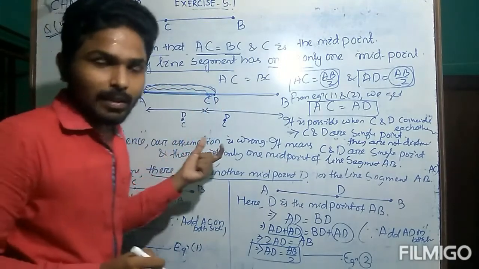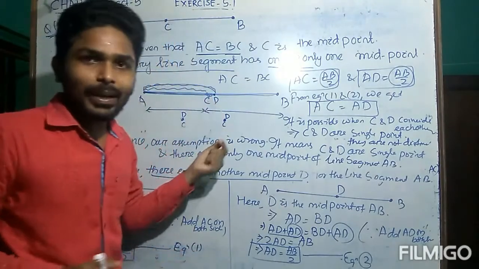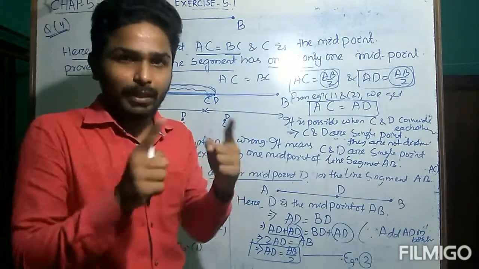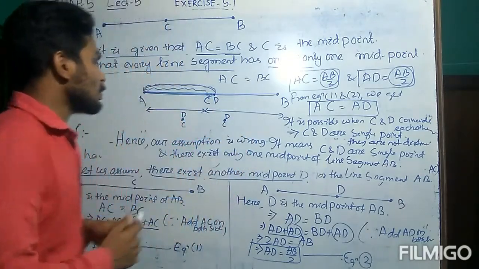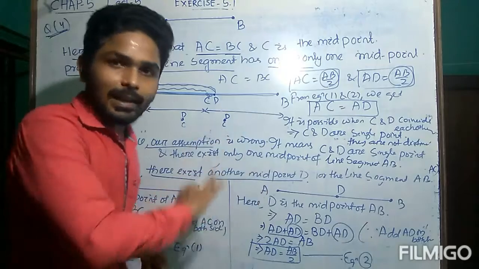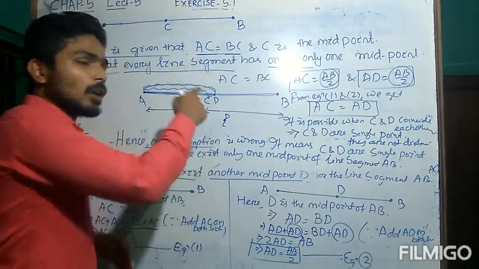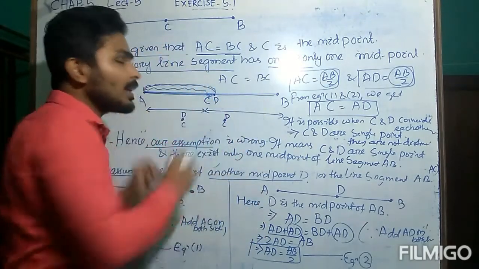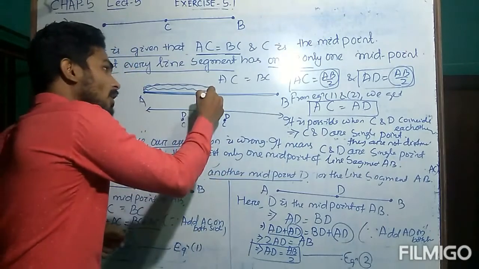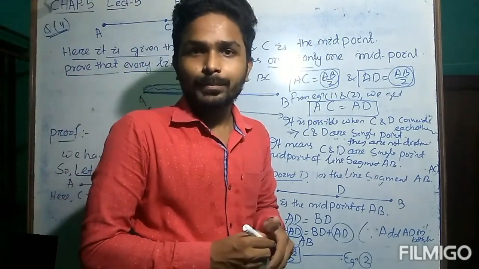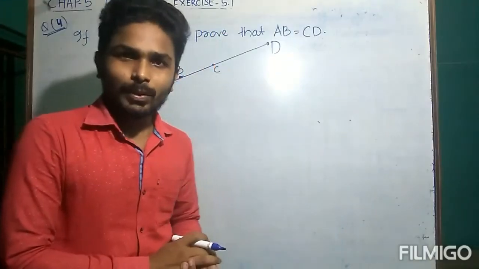But is it possible? It is possible only when C and D are a single point, not distinct points. So our earlier assumption is wrong. Hence C is the only midpoint of AB, or you can say there exists only one midpoint for any line segment.